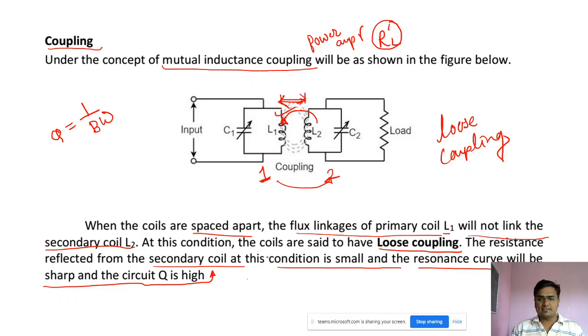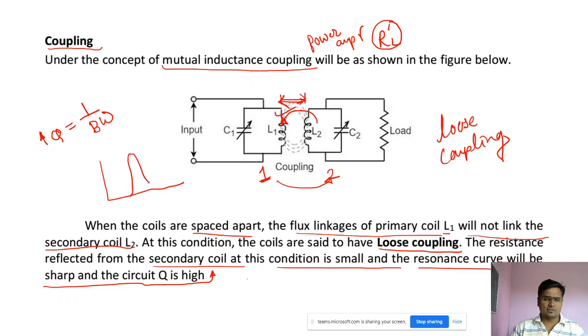That reflected resistance is very small, obviously because the distance is very large. With loose coupling, the reflected resistance will be very small, and because of that the resonance curve will be very sharp because the Q is very high. Look at this, the Q becomes very high and the bandwidth will be very small. So that's why I get a very sharp curve like this.